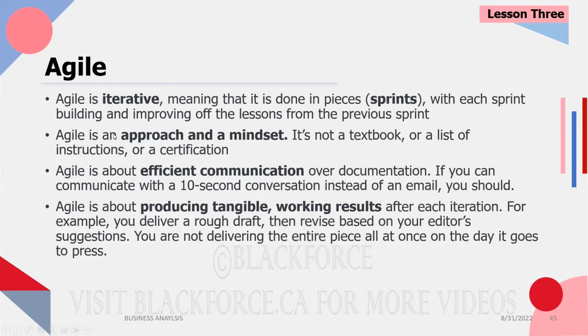Okay. So Agile, what is Agile? Agile is iterative, okay? Meaning things are done in pieces. If you've heard the word iteration, iteration basically means you build something, right? Let's take the example of baking a cake, right?